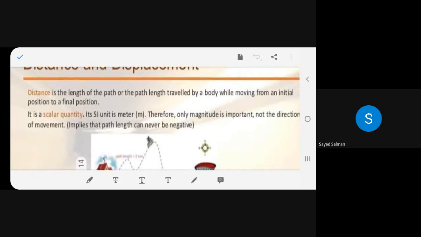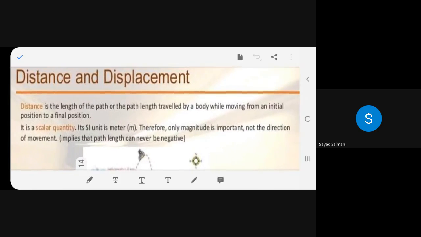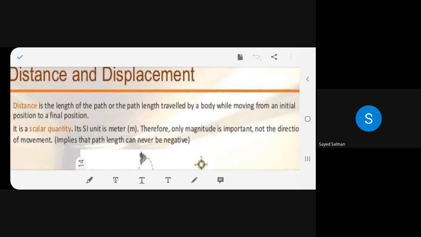Now, what is the relation between the distance and the displacement? Yes, please read. Distance is the length of path or path length traveled by a body. Traveled, beta. It is not traveling. It is traveled by a body while moving from the initial position to the final position.